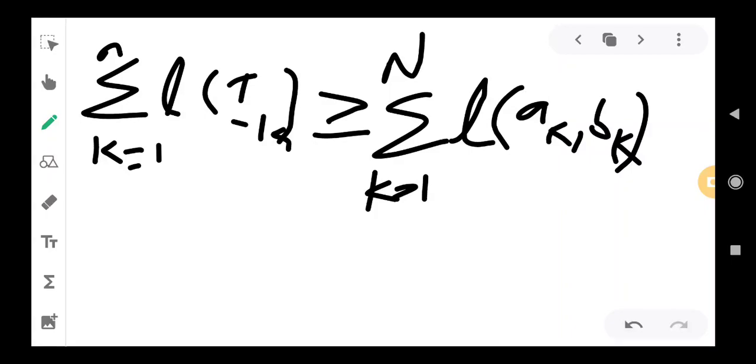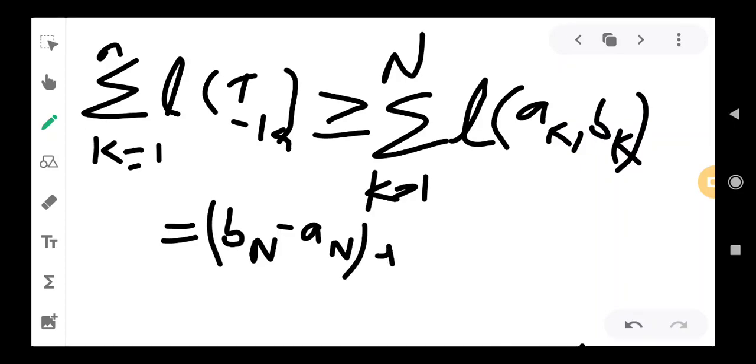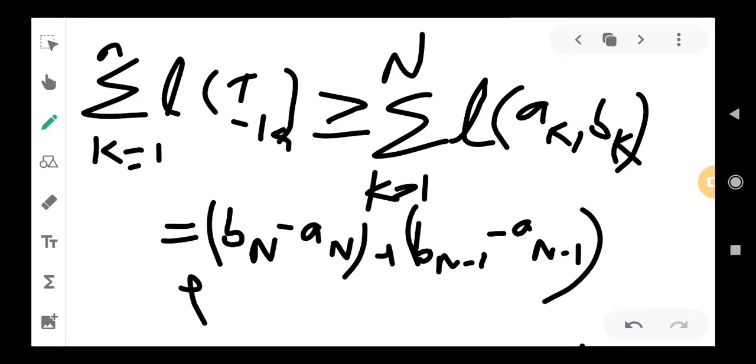So what is the length sum of AkBk? That is BN minus AN plus B(N-1) minus A(N-1) plus etcetera plus B1 minus A1. This is our summation of lengths of AkBk.